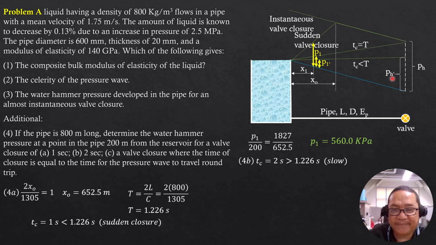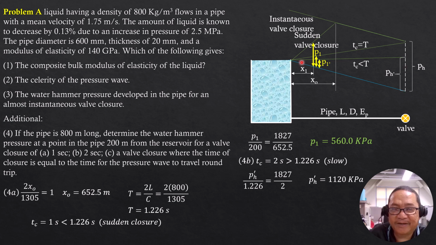So pH prime is lower than pH, so the denominator would be the lower time, which is 1.226. So pH prime is to 1.226 as 1827 pH is to 2 seconds. So pH prime is 1120 kilopascals, and it occurs here.